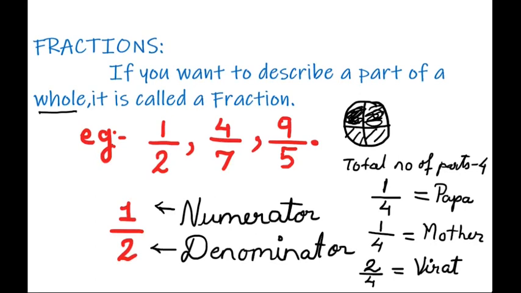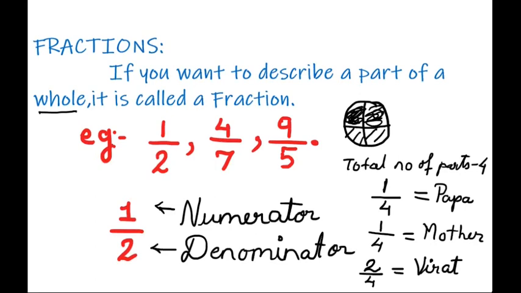You can read this fraction as 1 upon 2, or you can also say half. How will you read this fraction? 4 upon 7. Yes, so this is how we are going to read the fraction, and the upper number is called numerator, below number is called denominator. And what is fraction you all have understood.